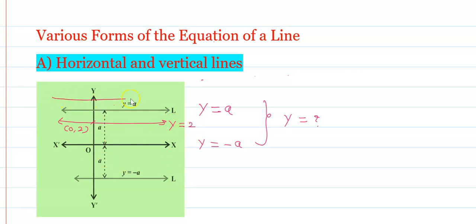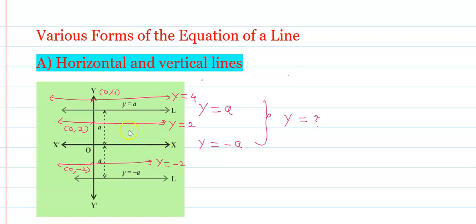Suppose here is a line, again parallel to the x-axis, intersecting at the point (0, 4), and therefore its equation is y equals 4. If I draw another line below the x-axis, intersecting at the point (0, minus 2), its equation is y equals minus 2.